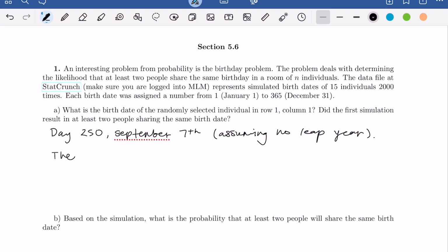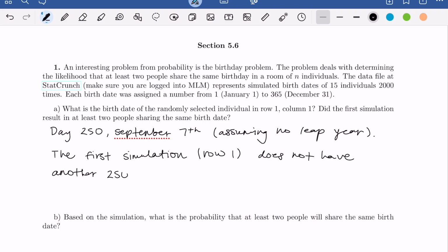So we'll say the first simulation, also known as row 1, does not have another 250 for the remaining individuals. So the first simulation did not result in at least two people sharing the same birthday.